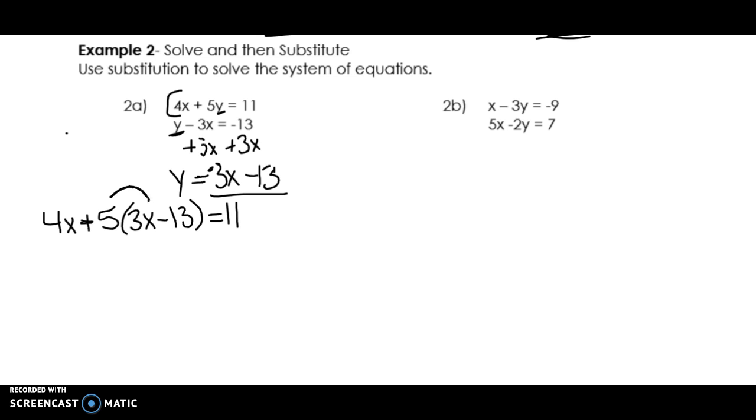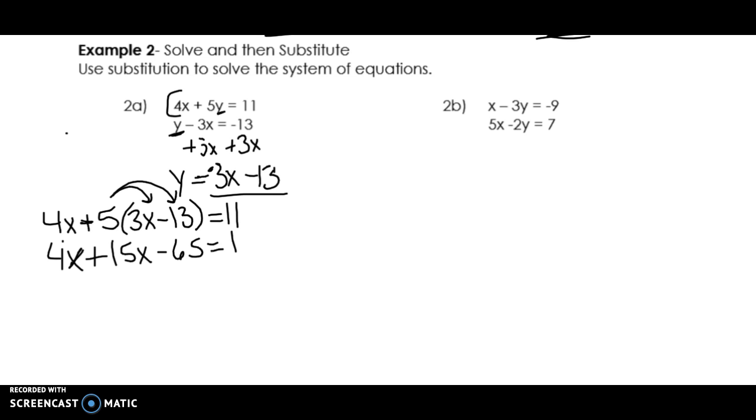So I took this y out and I put 3x minus 13 in its place. So I'm going to distribute that 5 through. I'm left with that 4x out front. 5 times 3x gives me 15x. 5 times -13 gives -65.